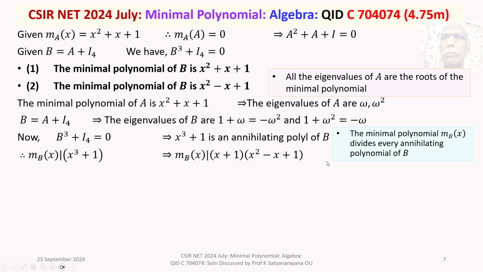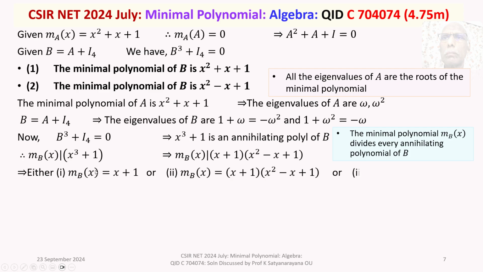So this will imply that the minimal polynomial of B is x plus 1. Now one may say, sir, k times x plus 1. We need not have that, because the minimal polynomial is a monic polynomial. Therefore, the coefficient will be 1 only. Or the minimal polynomial of B is (x plus 1) into (x square minus x plus 1). Or the minimal polynomial of B is x square minus x plus 1.